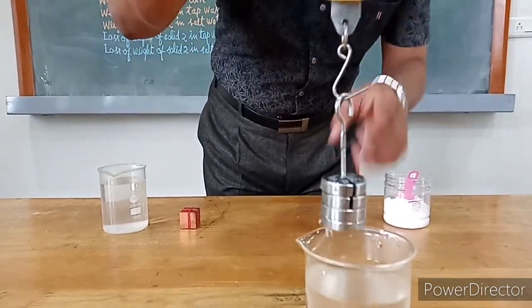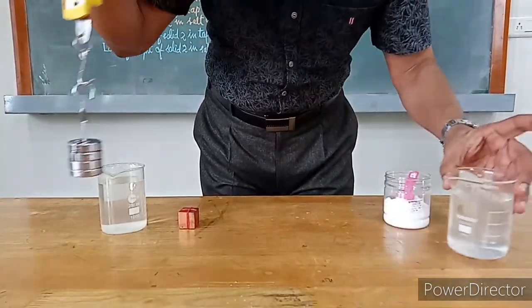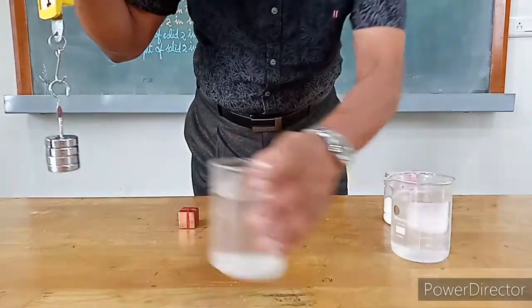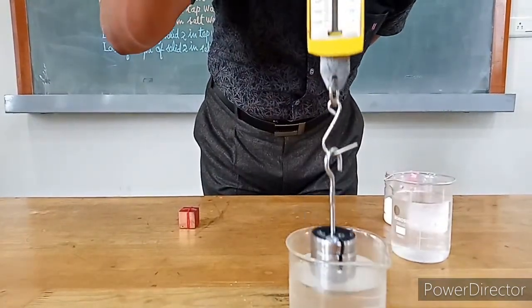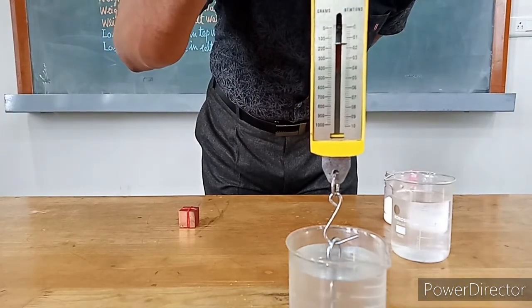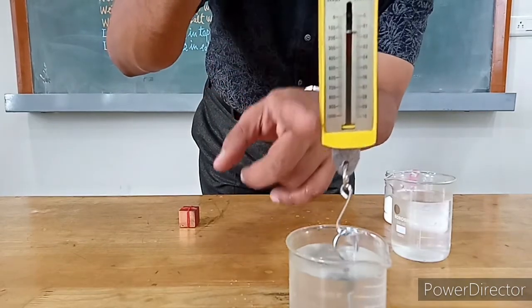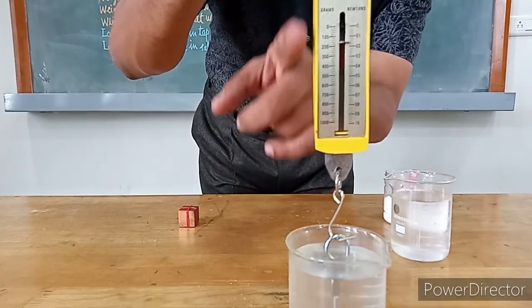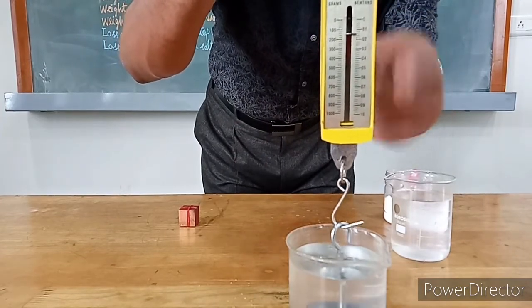Now I remove this from the first liquid and bring the second liquid, namely salt water. I immerse this slotted weight, the second solid, into the salt water. Now I find that the reading on the spring balance on the left side is 160 gram weight. So the corresponding reading in Newton scale is 1.6 Newton.